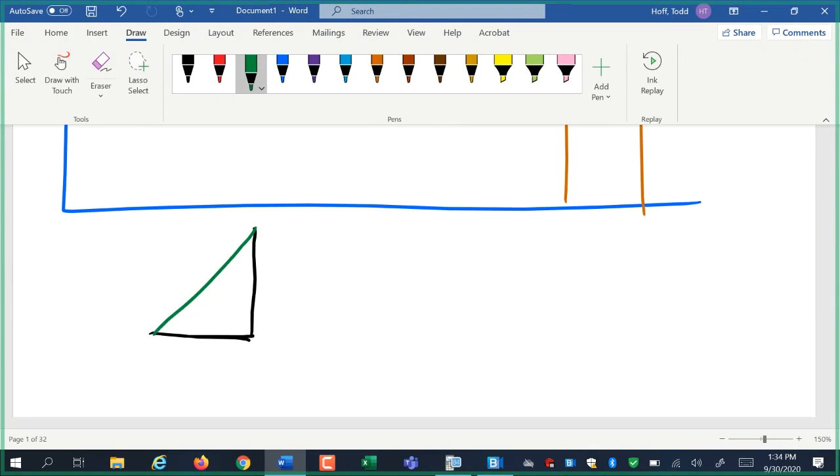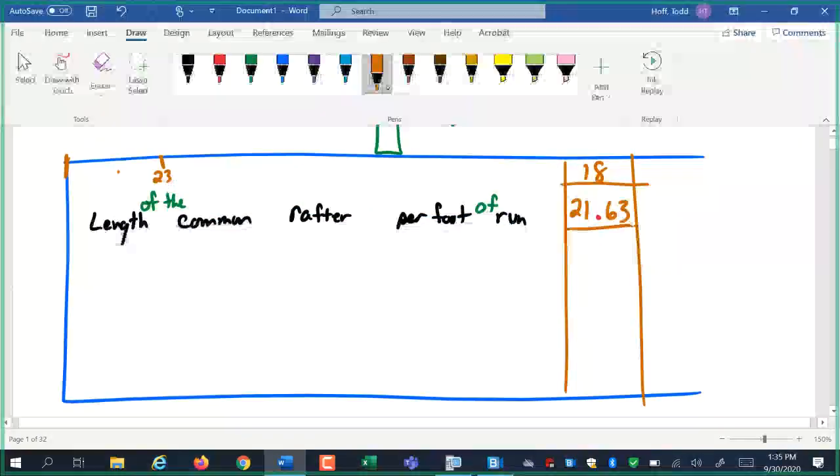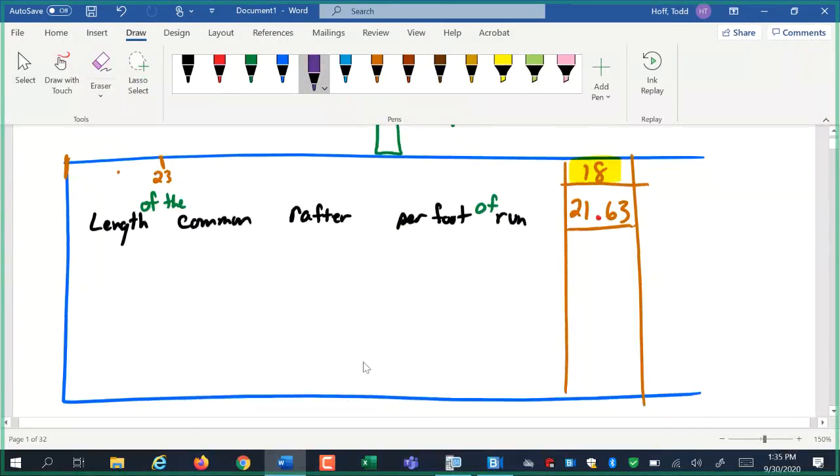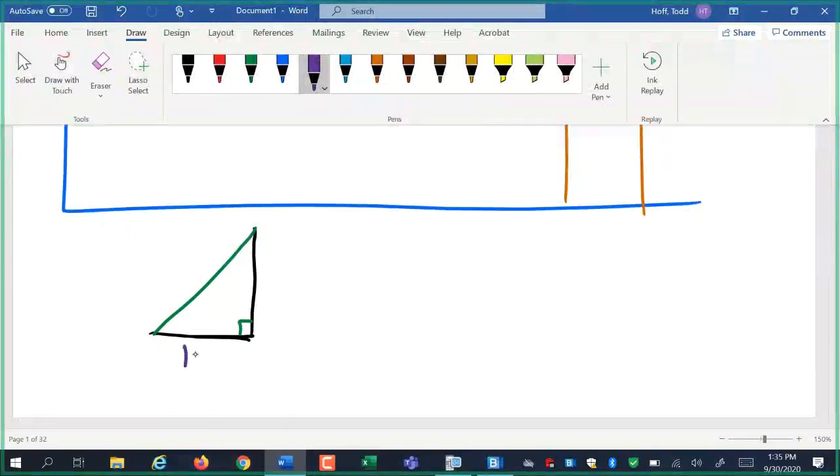What this is saying is if this is an 18 and 12 slope, that's why we're looking under the 18, then for every 1 foot of run, there is going to be 21.63 inches of length on that common rafter. So I can actually use that to find how long the common rafter is going to be.